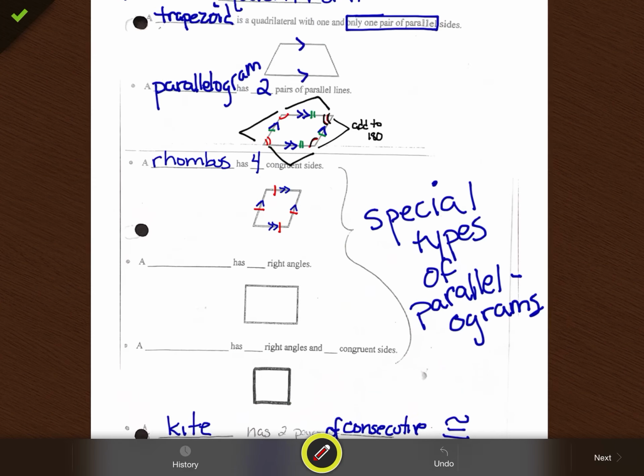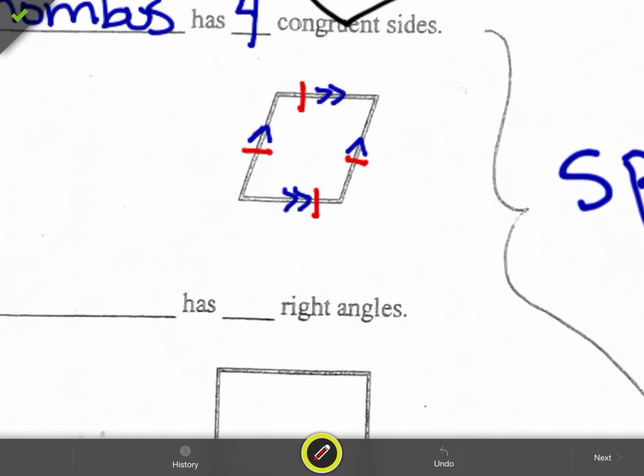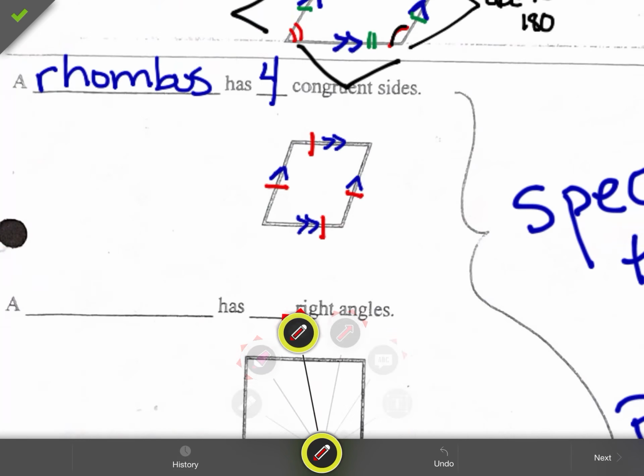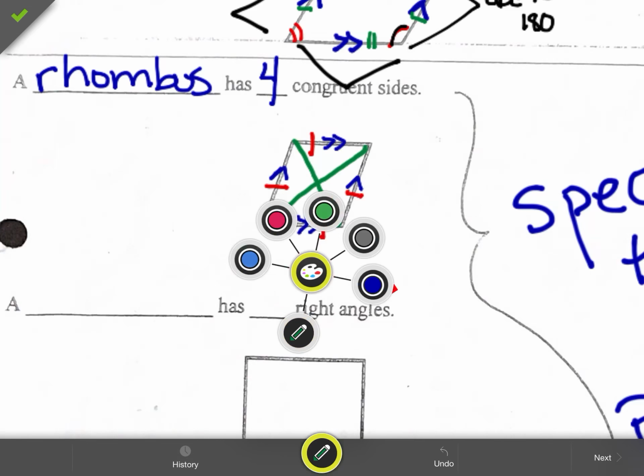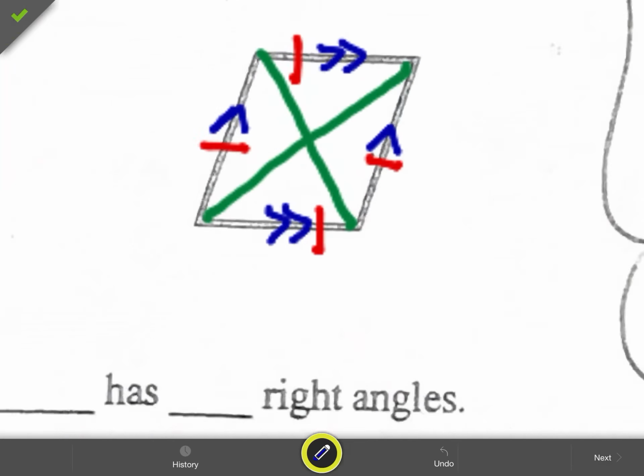So let's see. Okay. I'm only going to look at the diagonals bisect the angle and that they're perpendicular. So your diagonals do this. That's what your diagonals look like. What they mean by bisecting the angles is if your angle has a measure, okay, I'm going to make this bigger.